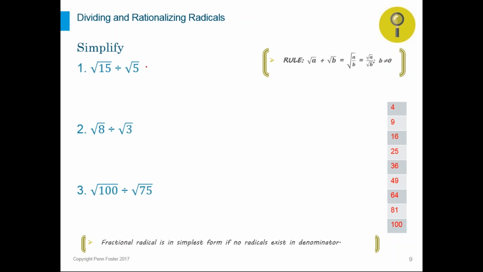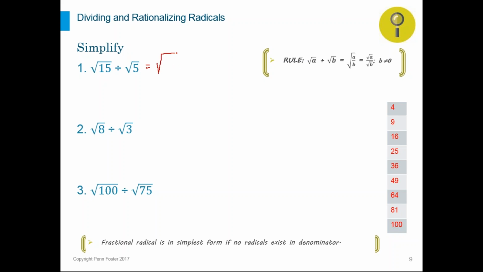We're going to perform the same steps that we did with multiplication, except that we're going to divide at the end. One, we need to make sure that every number under the square root sign does not have a perfect square factor before we proceed to the actual division. Now, 15 does not have a perfect square factor. 5 does not have a perfect square factor. Then I can go ahead and divide.